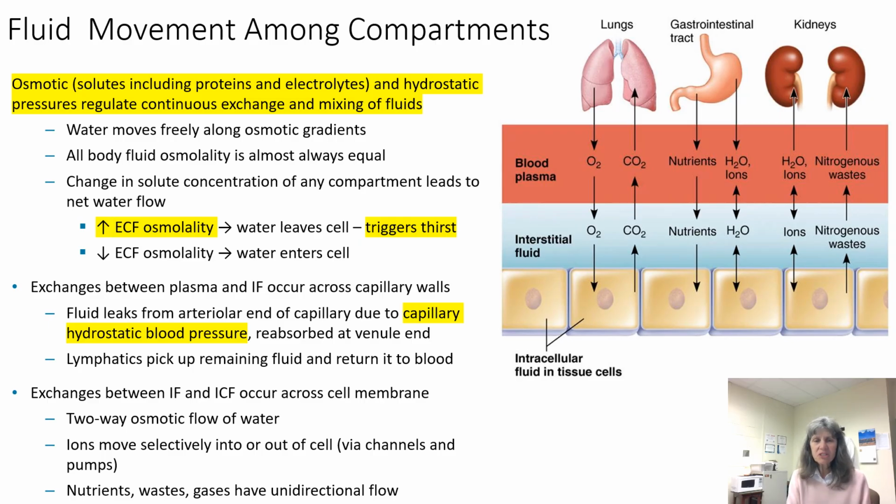Now, there are also exchanges that can occur between blood plasma and interstitial fluid across capillary walls. We know that fluid is going to leak out because of capillary hydrostatic pressure as blood moves through the arteriolar end of a capillary, and it can be reabsorbed.